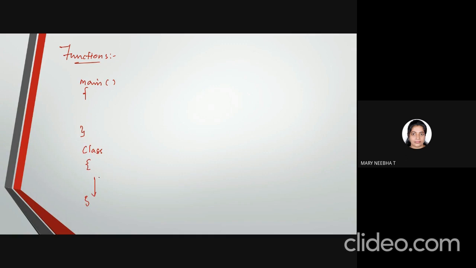These functions will be called by the objects. So functions play a major role in C++ compared to C language, because it is based on the object oriented concept.